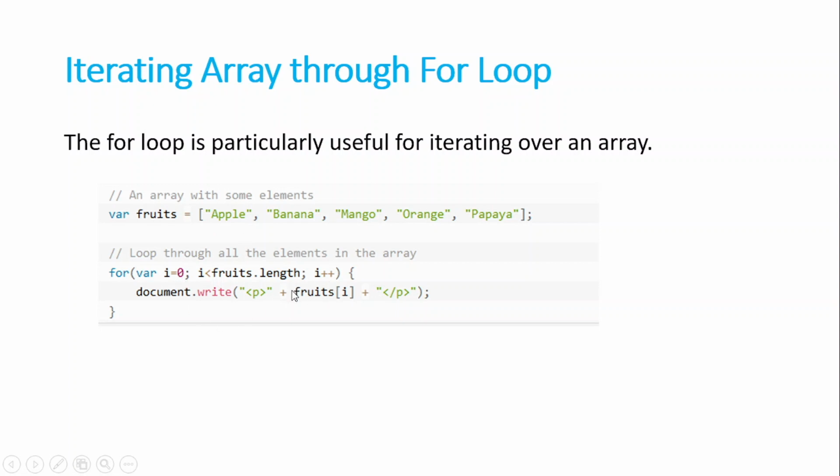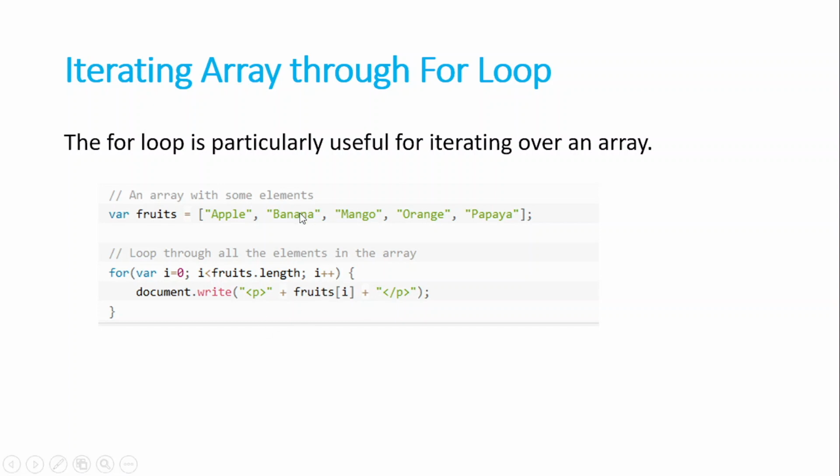Now you can see we are accessing fruits[i]. In the first iteration, the value of i will be 0, so it will get you the first item, the fruits 0 index. The next time, it will give you banana because it is index 1, since it increments the value of i after each iteration.